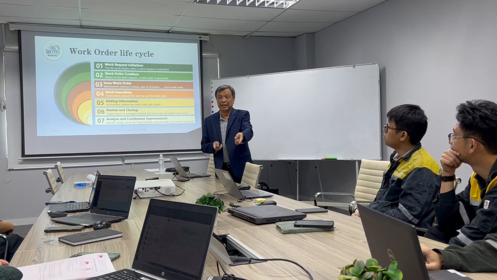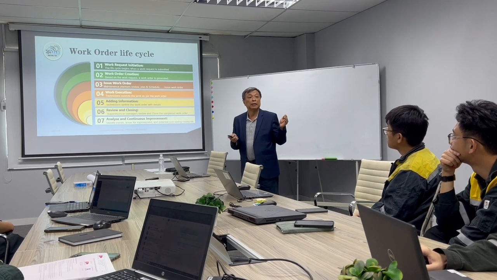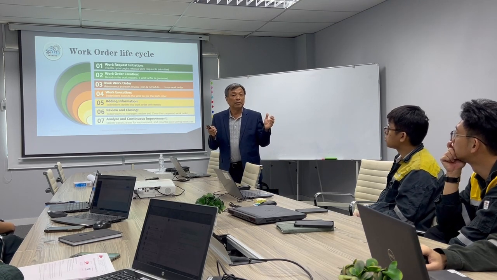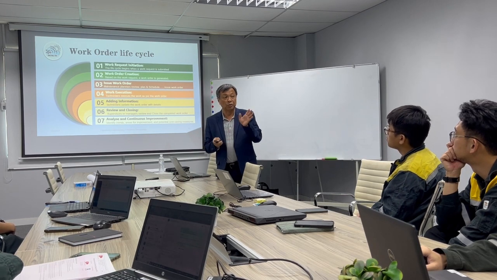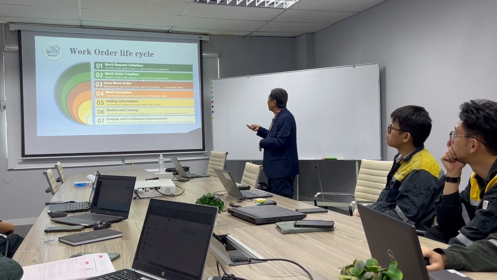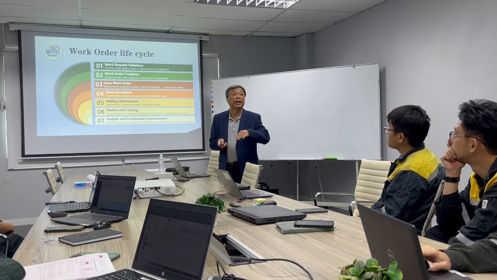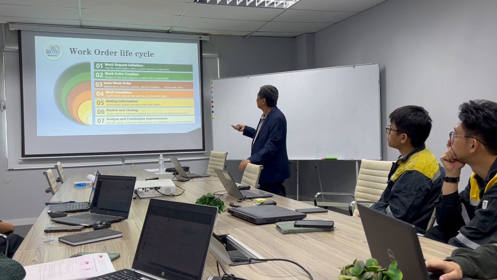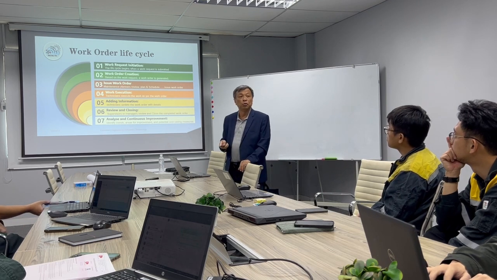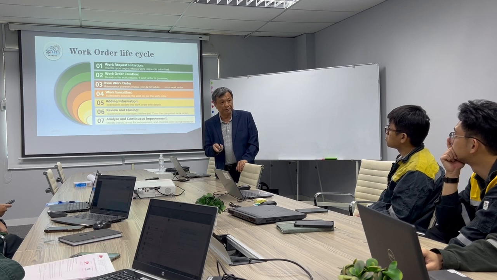There are more ways than this, different methods of initiation, and we will go through them. Then we have work order creation that we can track later. You issue the work order, to whom, when you want to plan it, when to schedule it.